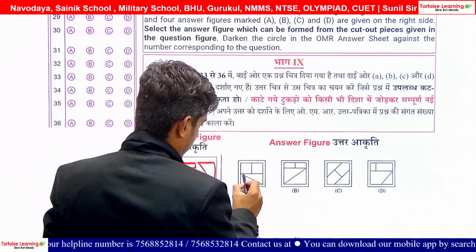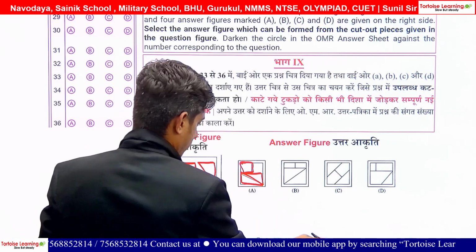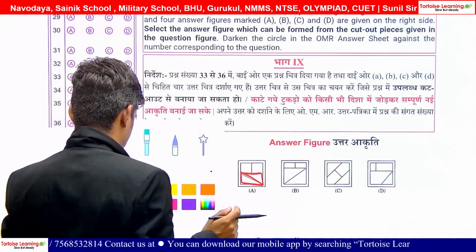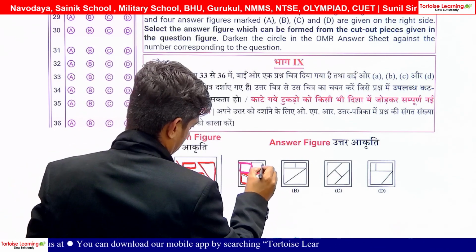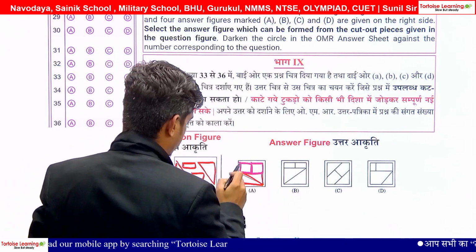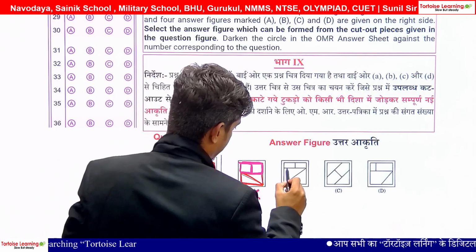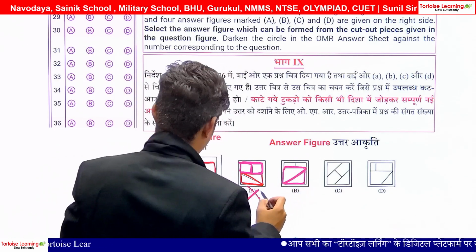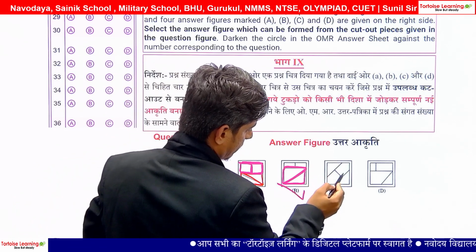If you look at this, 2 triangles are given, but these are not the square, these are not the rectangle. Sorry for that, this will be wrong. If you look at this, triangles are given, rectangles are also given, so this will be the order. If you look at this, wrong.